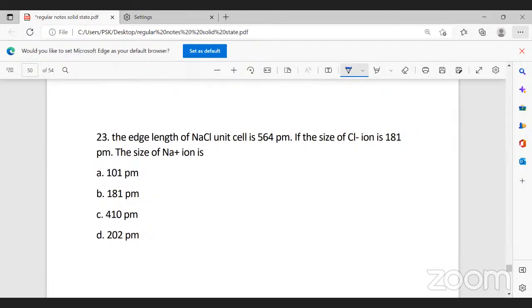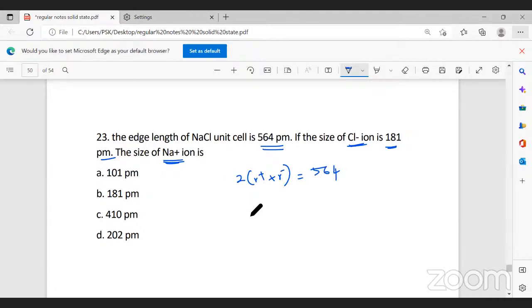Similar question this is. The edge length of the NaCl crystal unit cell is 564 picometers. If the size of the chloride ion is 181 picometers, they're asking the size of the cation. So 2 into (R plus plus R minus) is equal to 564.